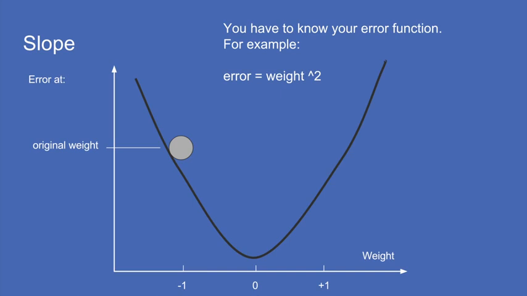So assume we had an error function that was the square of the weight, and you can see that our weight is right at -1. The first thing we do is we take the derivative, change in error divided by change in weight, dE/dw. The derivative of weight squared is 2 times the weight. And so we plug in our weight of -1, and we get a slope, dE/dw, of -2.